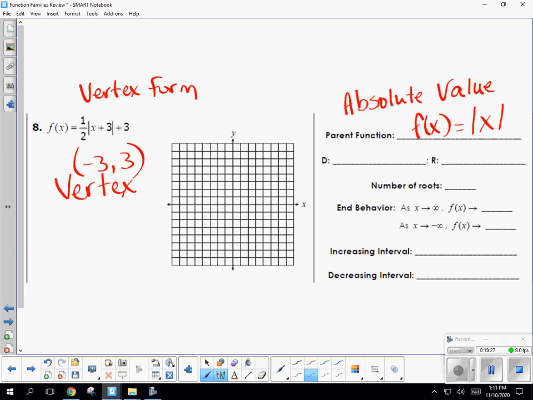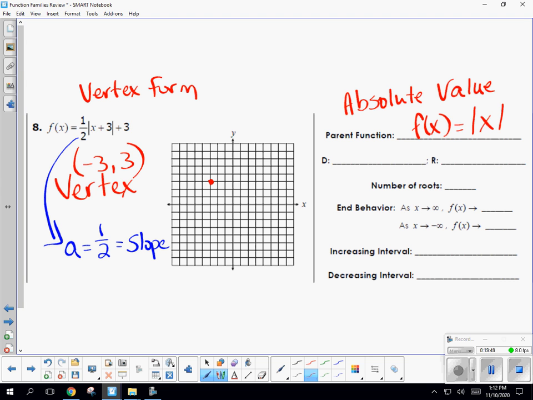So let's plot that point. Negative 3, 3, which is right here. Okay, so our a value in our absolute value, our a is 1/2. Remember, our a value, when we're talking about absolute values, is also our slope from our vertex.